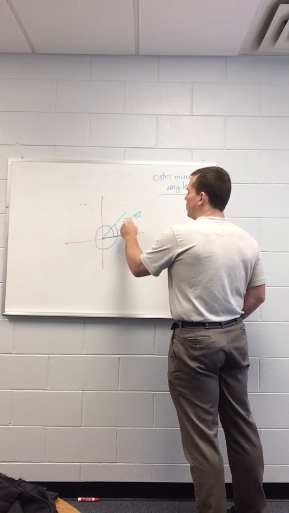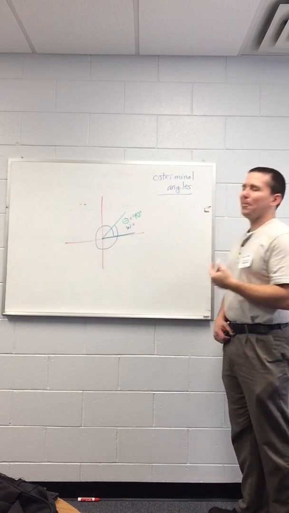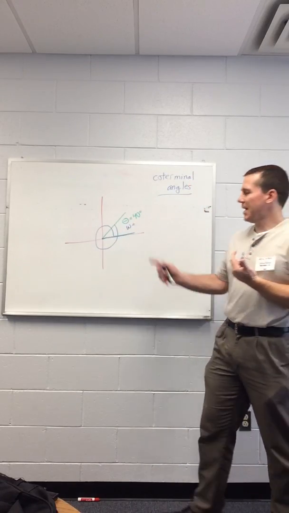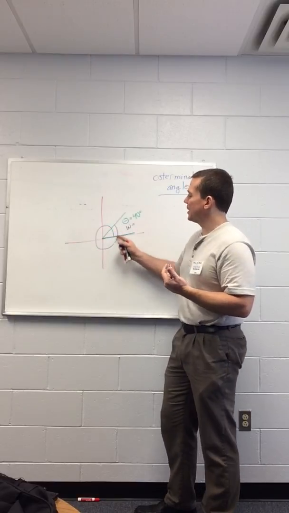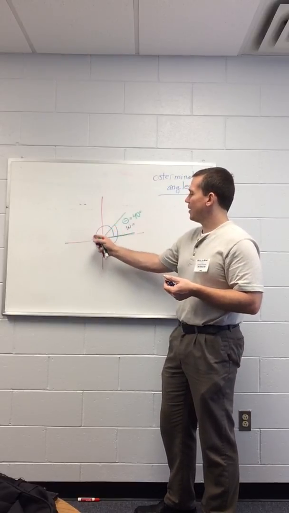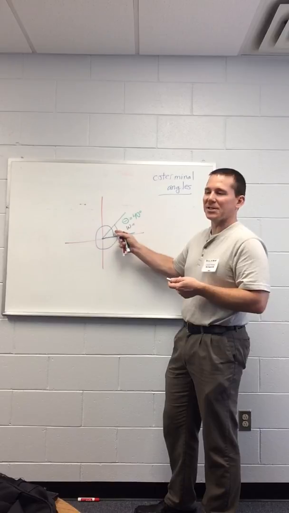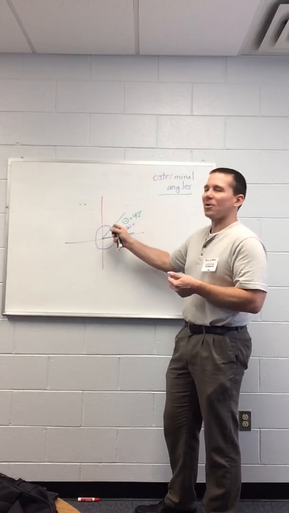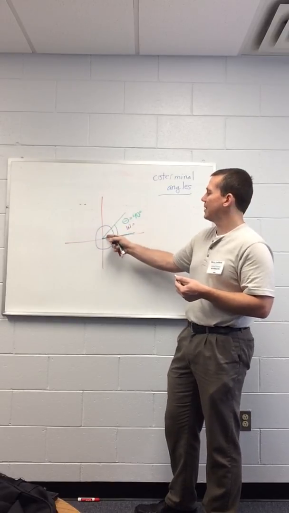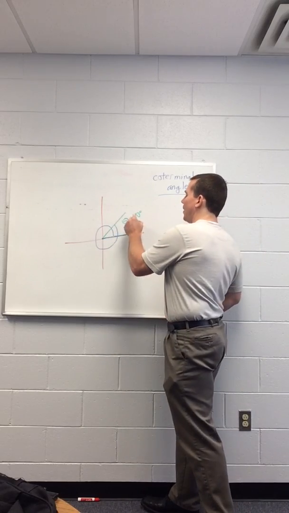Call this angle in blue omega. Well, how big is omega? We said the measure of a circle is 360 degrees. So if I start here, I go all the way around the circle, that's 360 degrees. And then I have to go 40 degrees more to get to this angle. So that's actually 400 degrees.